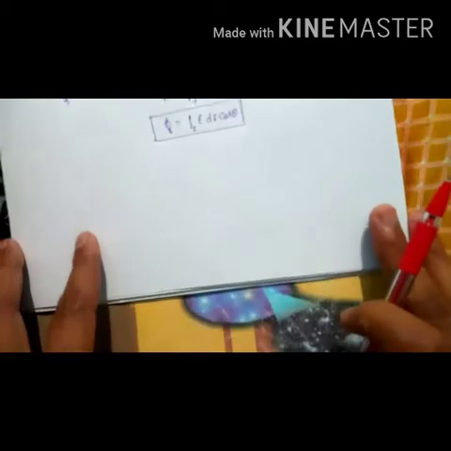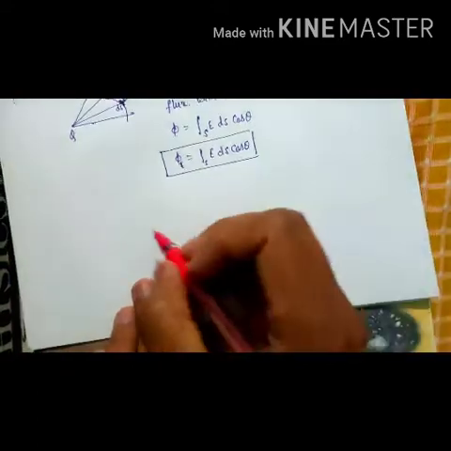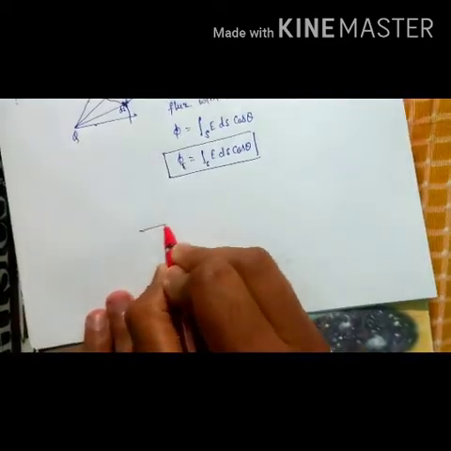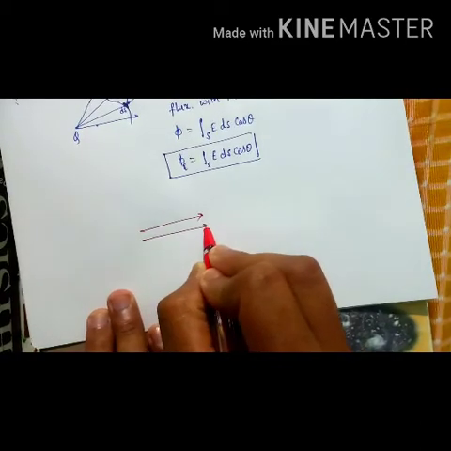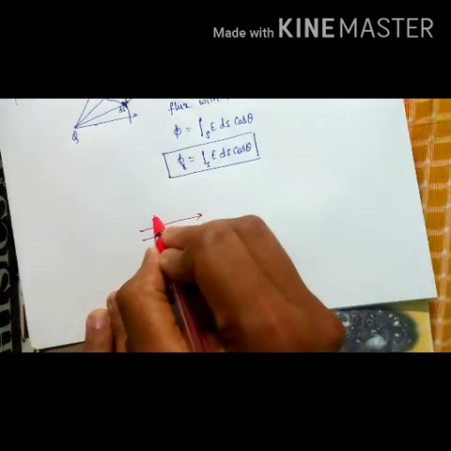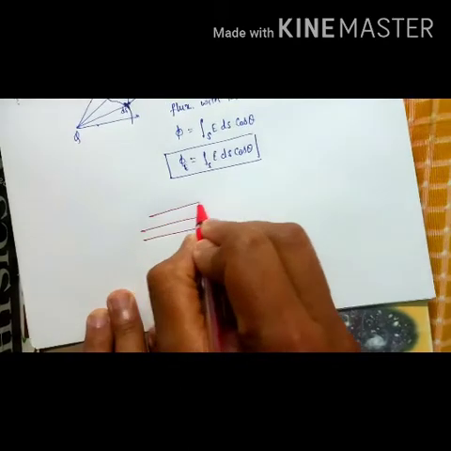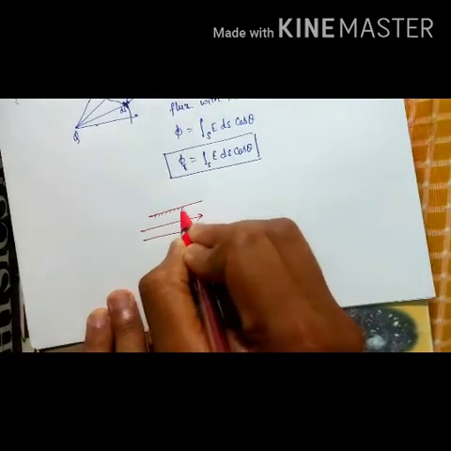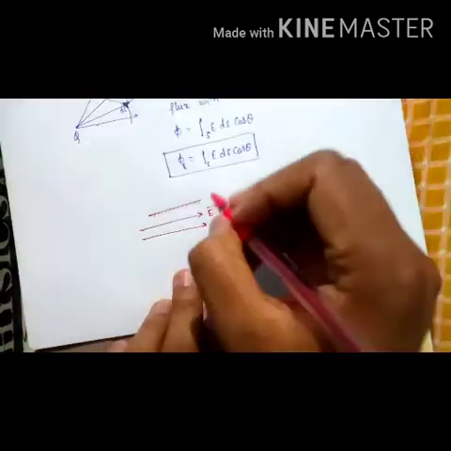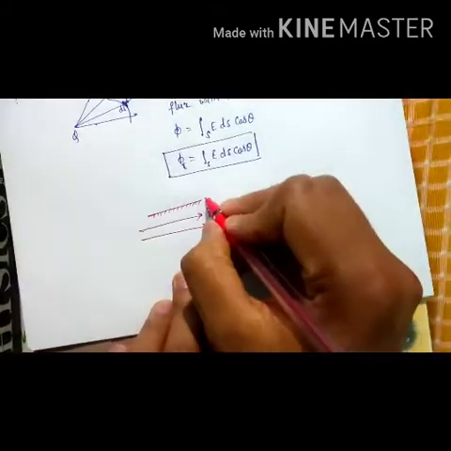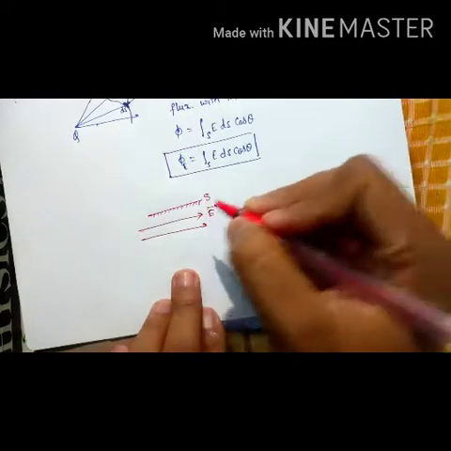Now for example, let us suppose the electric field is in this direction, and we have a surface here.